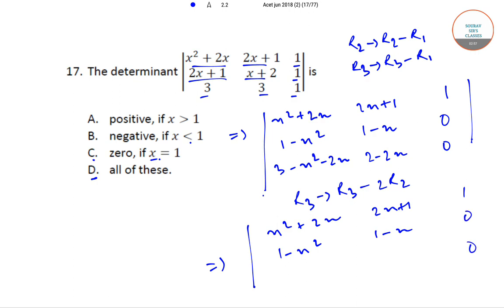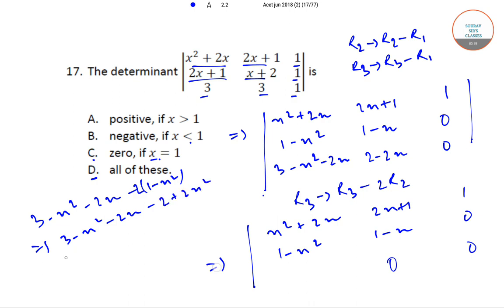This would be 0, and this would be 0, and 3 minus x squared minus 2x minus 2 into 1 minus x squared, that is 3 minus x squared minus 2x minus 2 plus 2x squared gives us x squared minus 2x plus 1, which is x minus 1 whole squared.